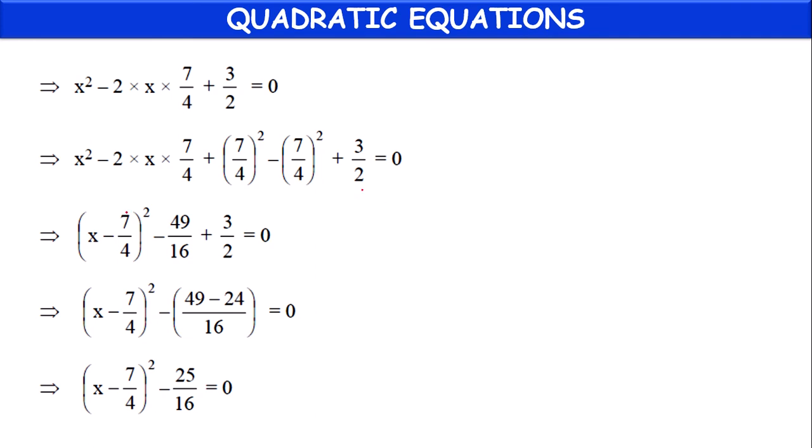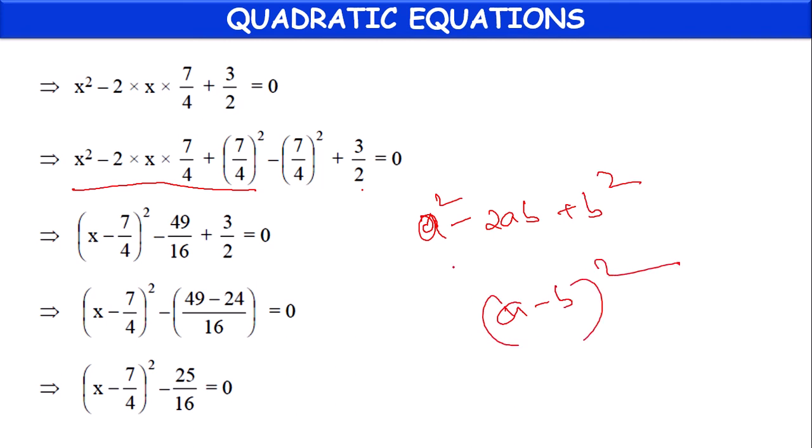Now this part will become, it is in the form of a square minus 2ab plus b square, which is equal to a minus b whole square. Means x minus 7 by 4 whole square minus 7 square, means 49, 4 square means 16, plus 3 by 2.